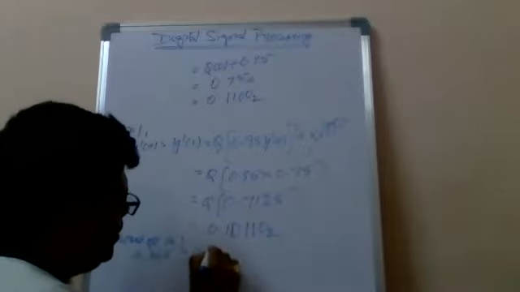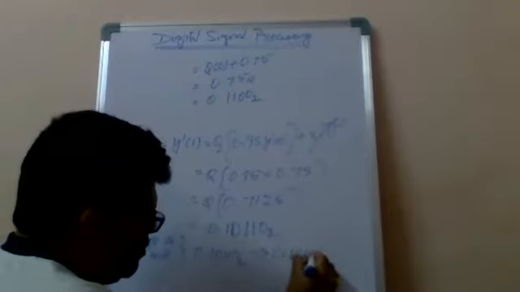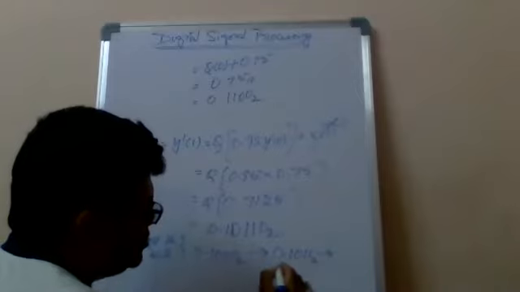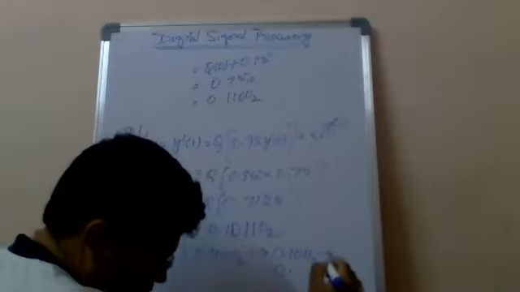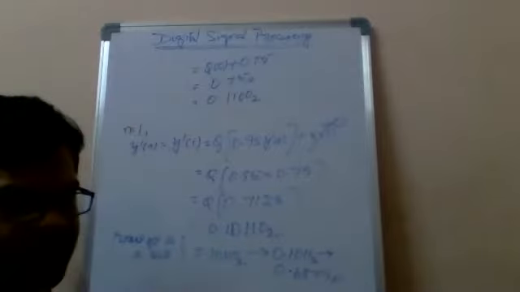So 0.10110 to the base 2, if I round it off, is 0.1011 to the base 2. This is equal to 0.6875 to the base 10. Right? So this is when n equal to 1.